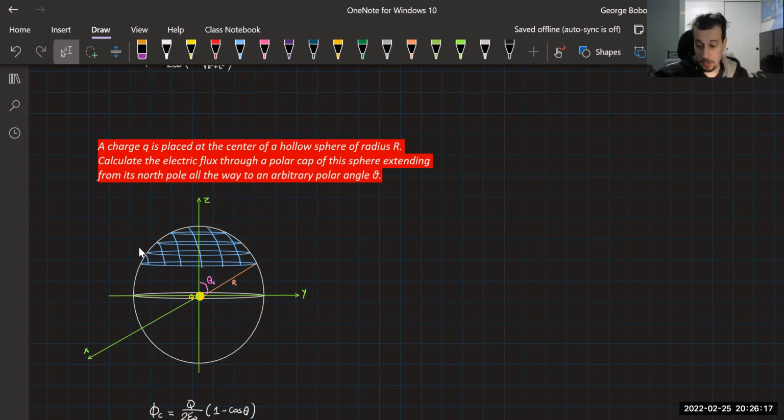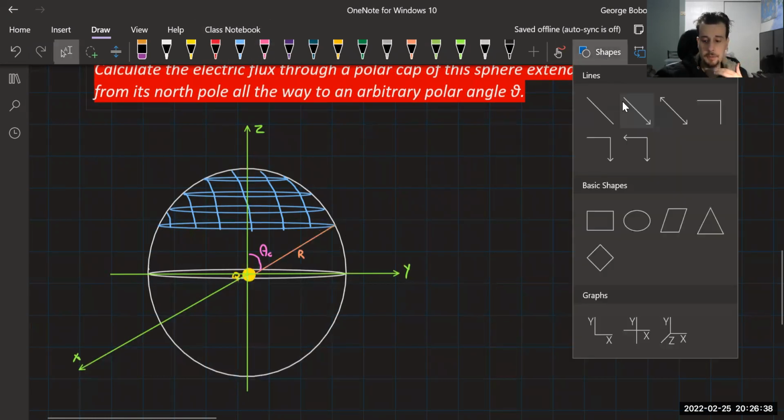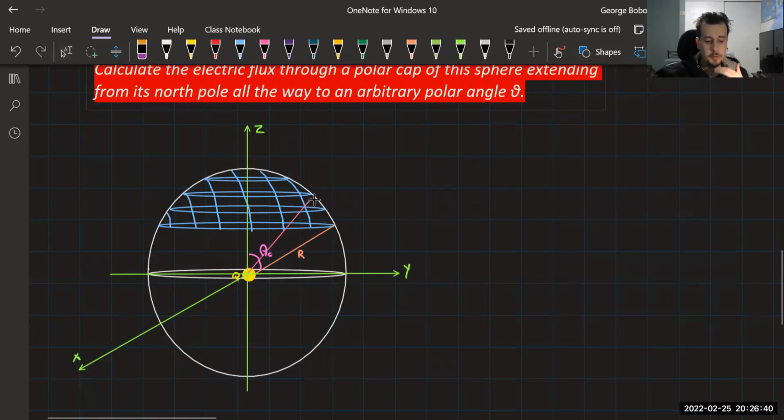You need, again, a building block. And George said, what better building block than one that has a uniform electric field throughout it? With Q being here in the middle, let me put a line to show you something. We're on the surface, so this is a constant radius R. But look at me right now.